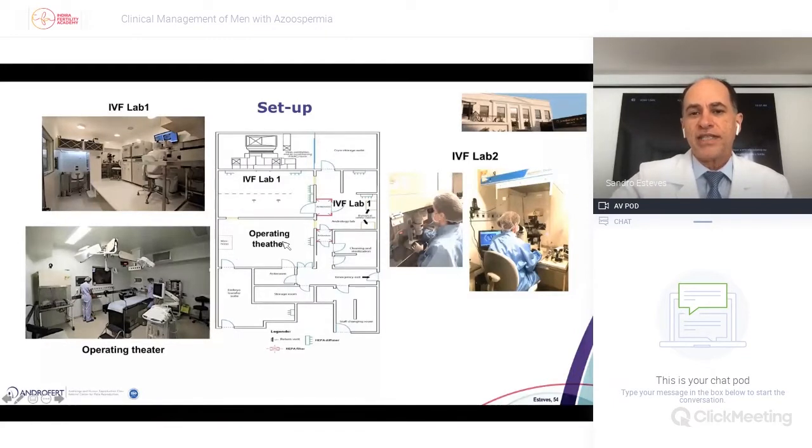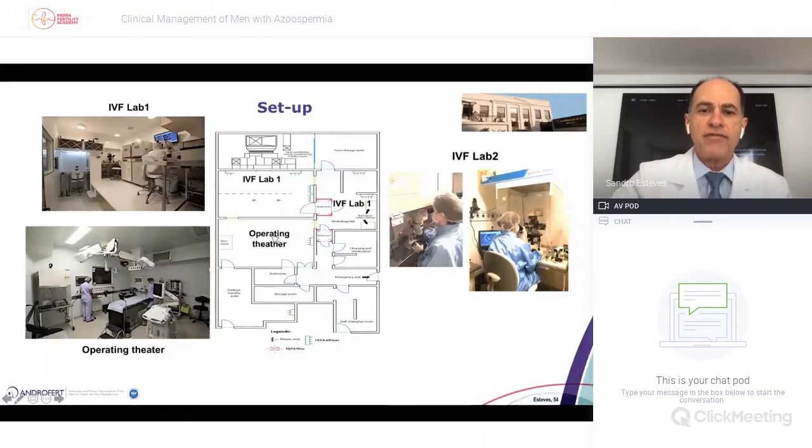So you need to have, obviously, more than one workstation for using the micromanipulator, inverted microscope, etc. But you optimize the workload in the sense that you can have the routine in one lab and the microTESE procedures in the second lab.